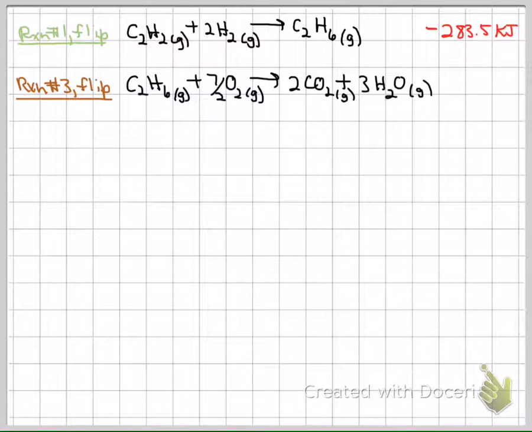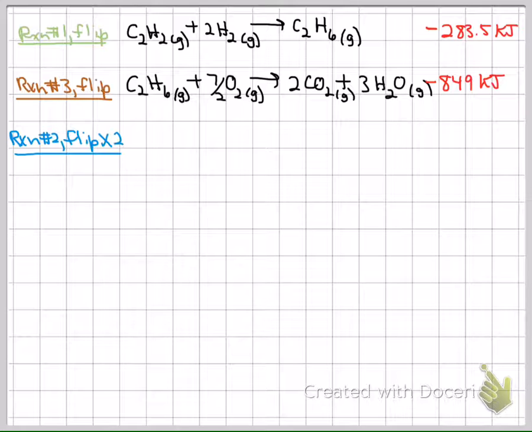And not only do I get the CO2 and water in the correct place, I can kind of anticipate I need to get that C2H6, that ethane, to cancel out at some point. Nonetheless, at this point, by flipping reaction 3, I changed the sign on my enthalpy change from positive to a negative 849 kilojoules.